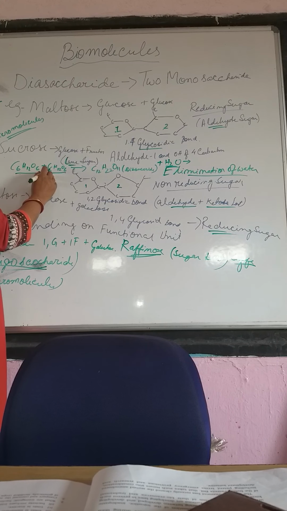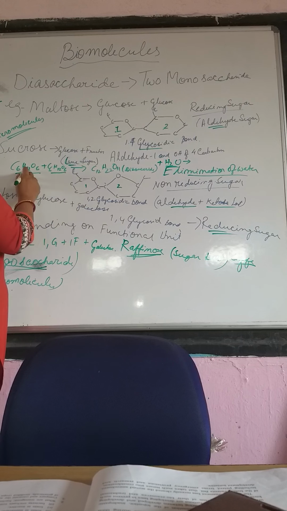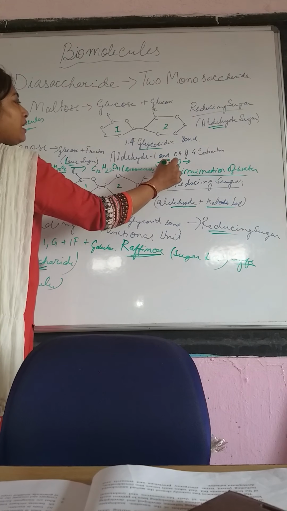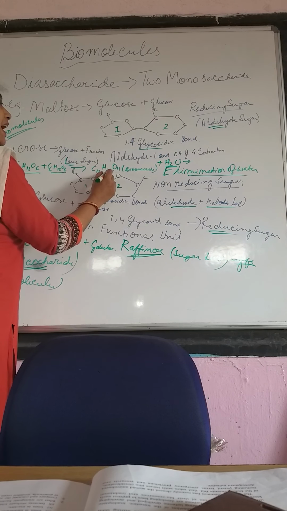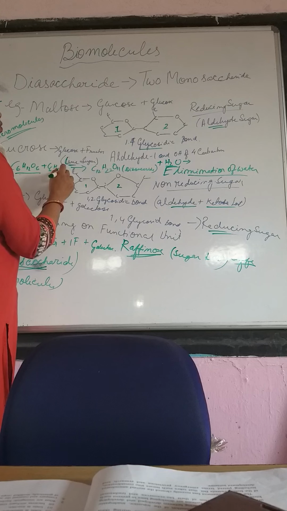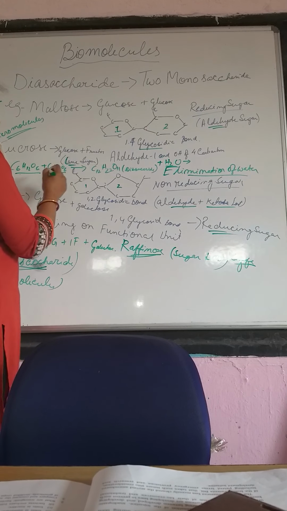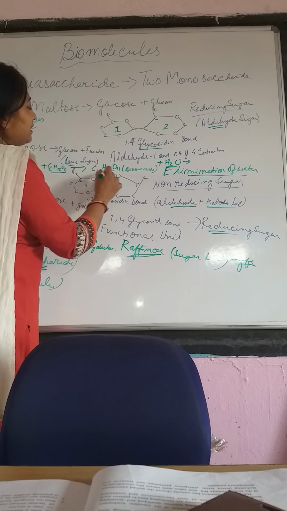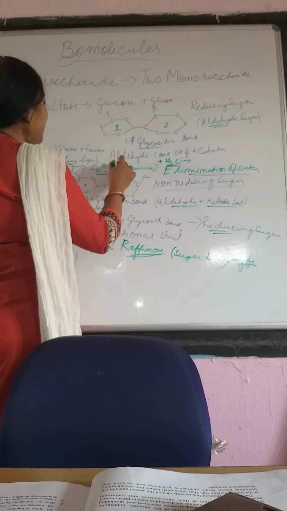C6 becomes C12, H12 becomes H24, but 2 hydrogens are lost, so we have H22, and one oxygen is lost, so instead of O12 we write O11. So C12H22O11 is our formula.